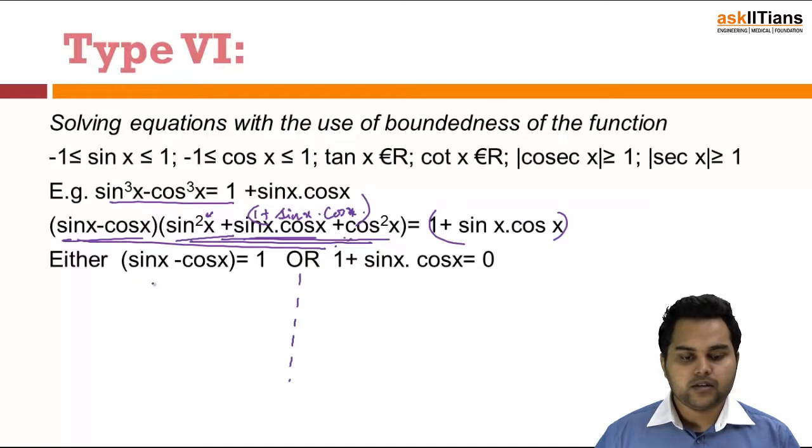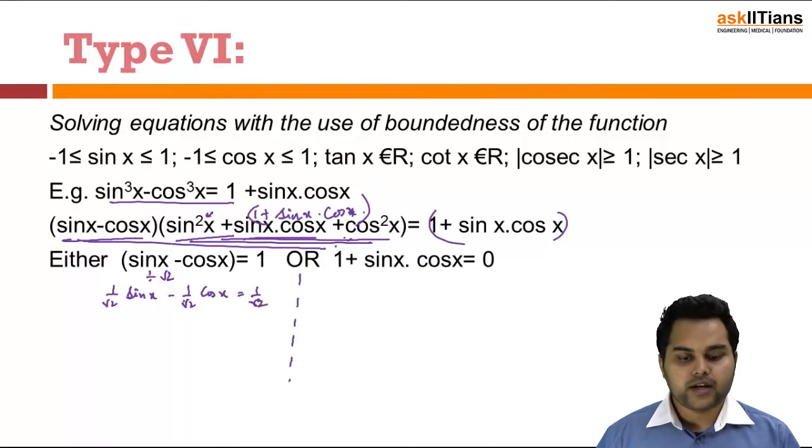If I divide this by root 2 on both sides, I would get 1 by root 2 sin x minus 1 by root 2 cos x is equal to 1 by root 2.